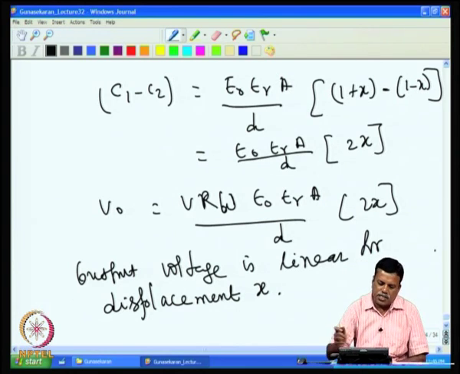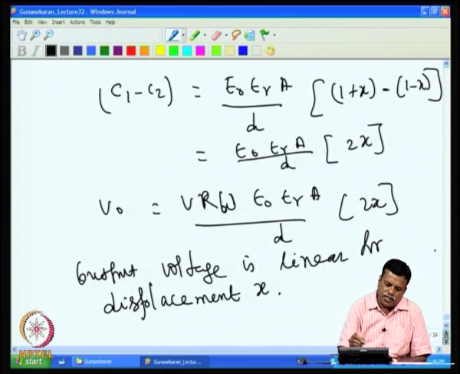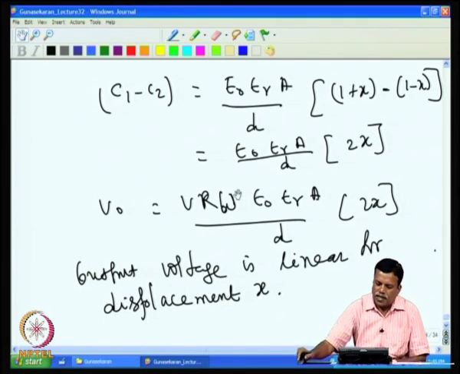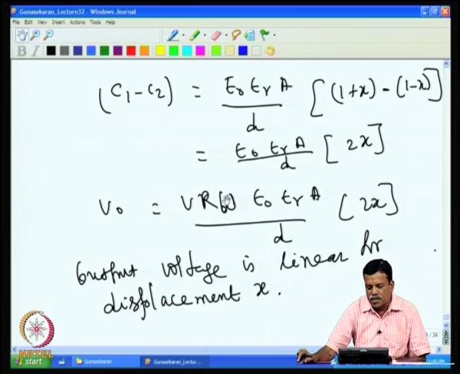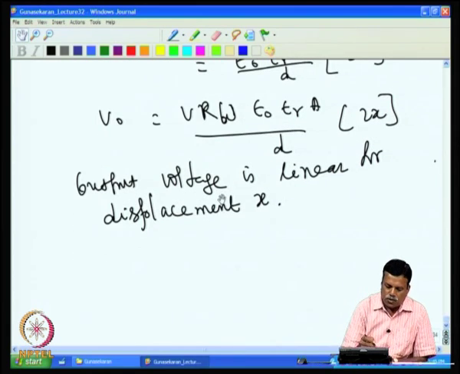Of course, it is still sensitive to all the parameters we can think of. You have V variation, R variation, omega variation, and everything still has a problem. So, it is also not as accurate as the ratio transformer bridge that we have discussed.